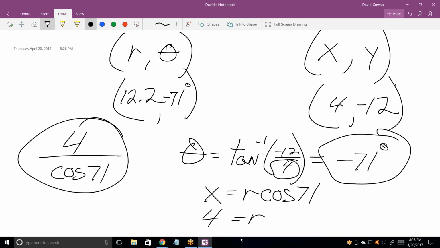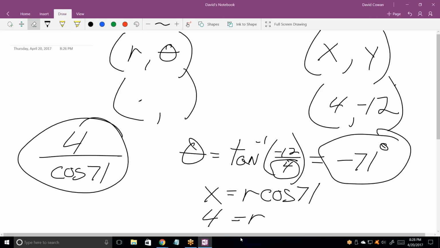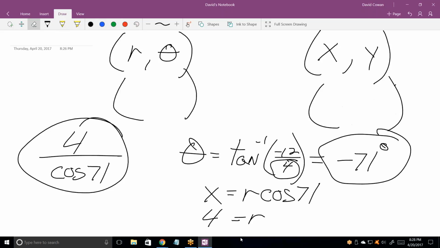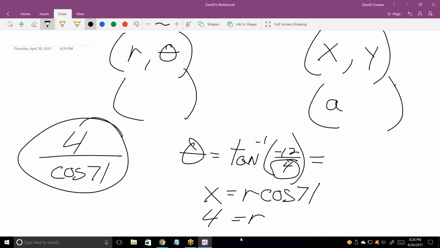The next one's kind of tricky. Okay. So it is a comma 3a. But then a has to be above 0. Tell me what the first thing I want to do is.